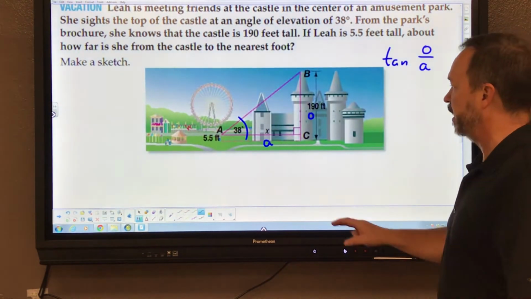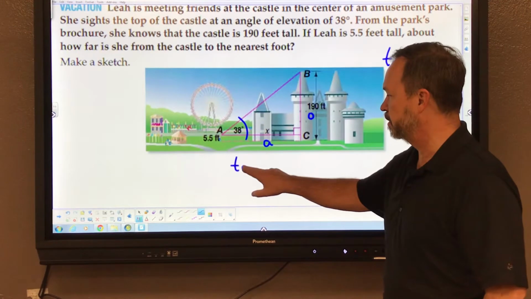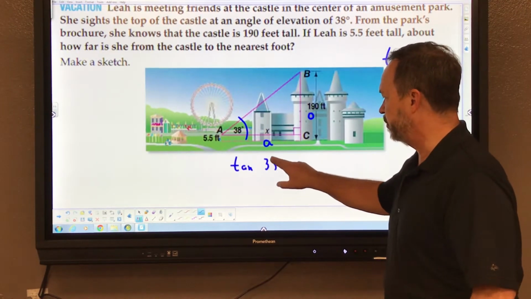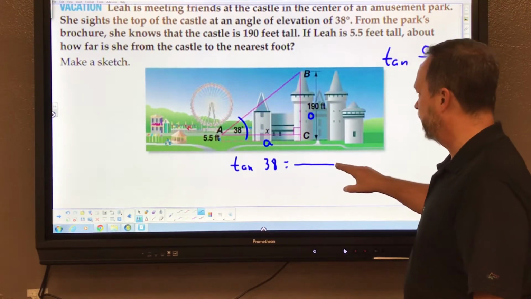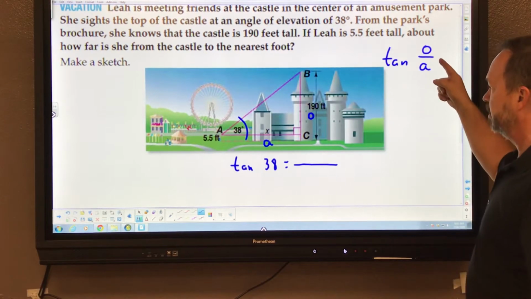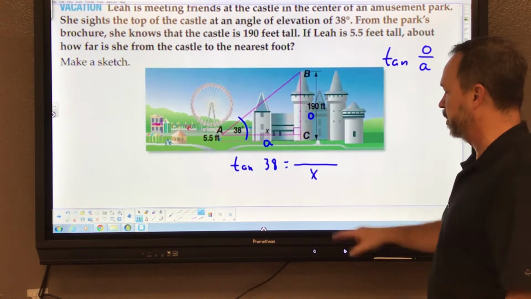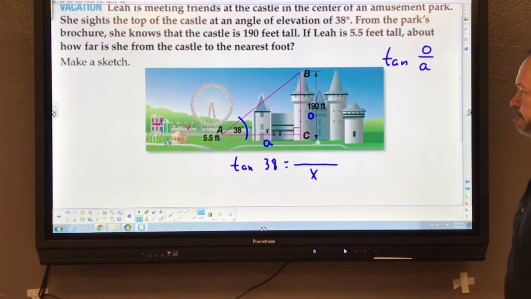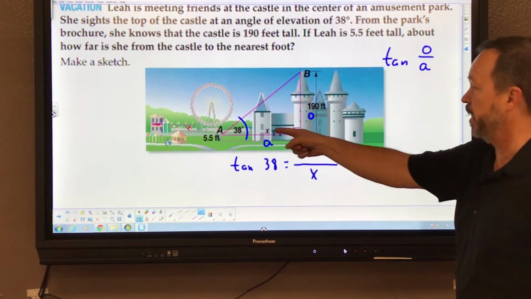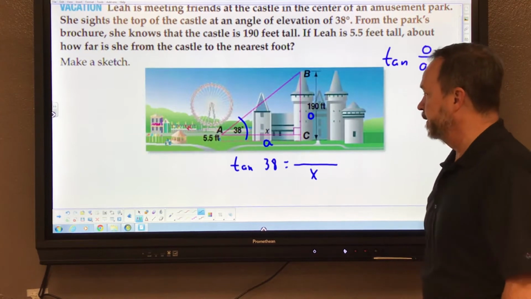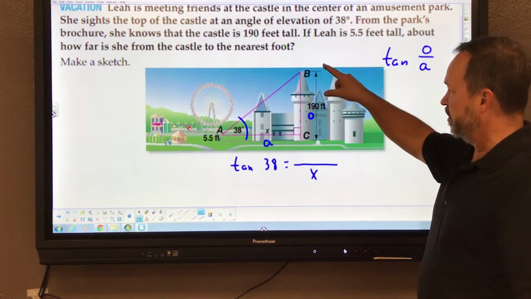So we got to set this thing up. We have the tangent of 38 degrees is equal to the opposite divided by the adjacent. Now the adjacent is the x. That's the one that we're looking for, right? That's what we want to know. What's the opposite? Think about it.